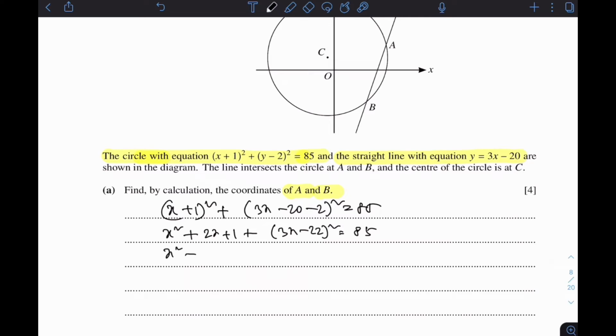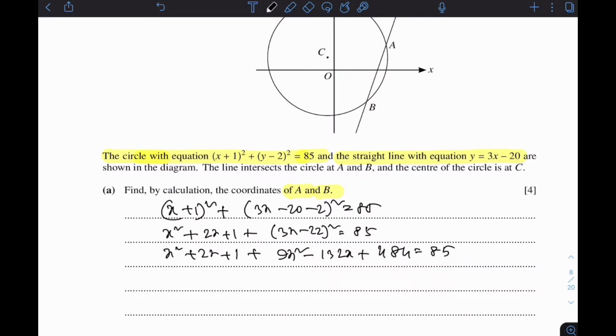So x² + 2x + 1 + 9x² − 132x + 22², that is using calculator, 484 = 85.